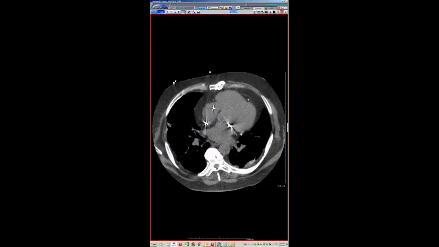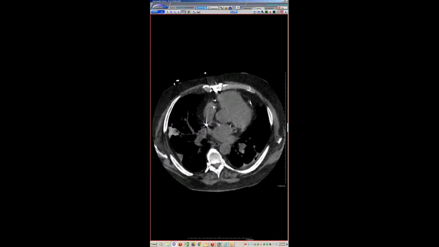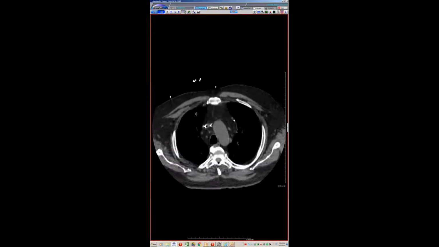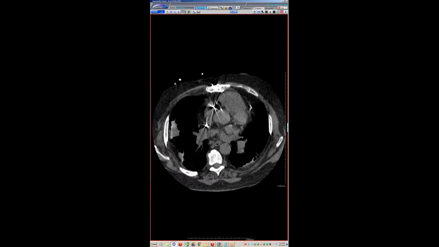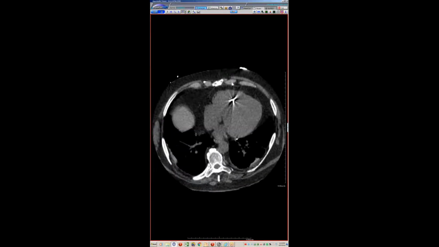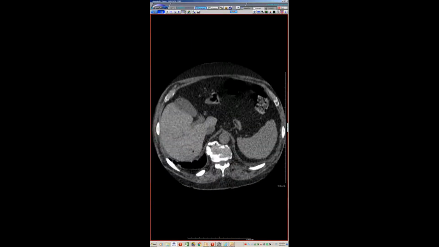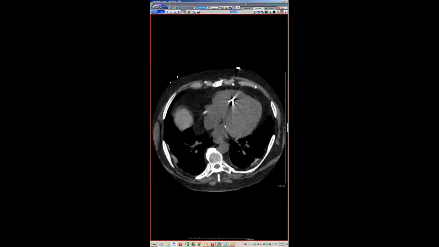But here again on the axials, you can see these areas of high attenuation. So this is amiodarone, chronic amiodarone toxicity in the lungs presenting with kind of organizing pneumonia, with high density organizing pneumonia, and then the liver involvement. I just haven't seen that in many years. And he definitely is on amiodarone.